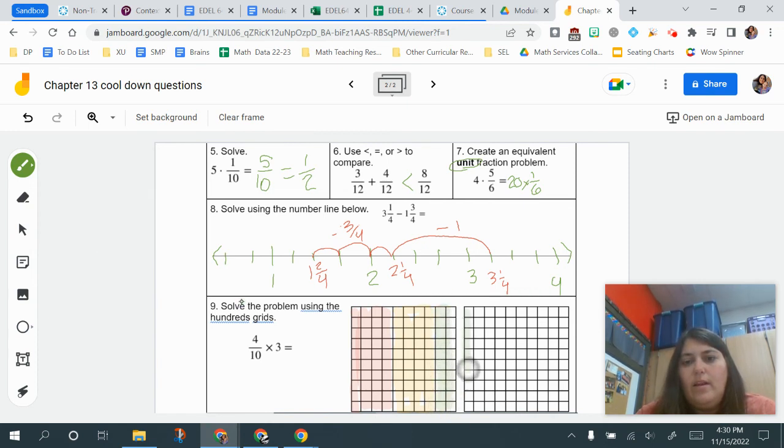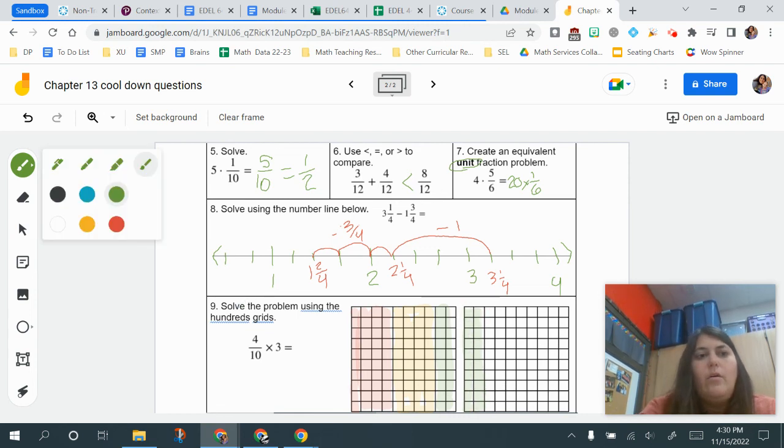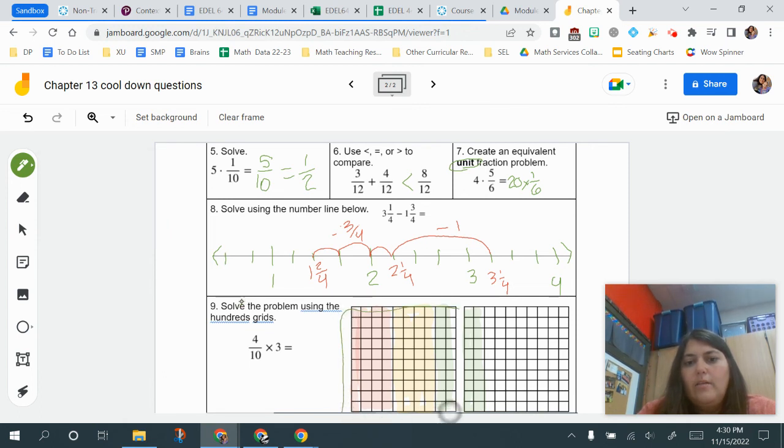Oh, I'm going to need the next one over. There we go. Okay, so all of that tells me that I need one whole, because this whole block is colored in, plus 2/10. So I would have 1 2/10. Or you could say 1 20/100, 1 1/5. All of those would be equivalent.